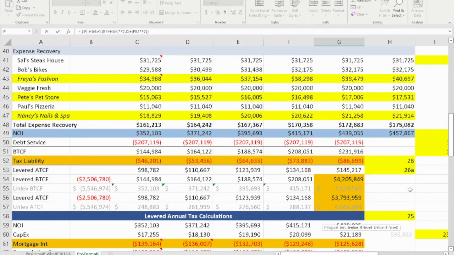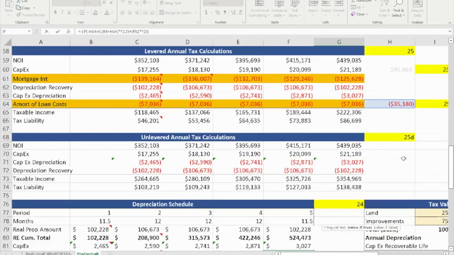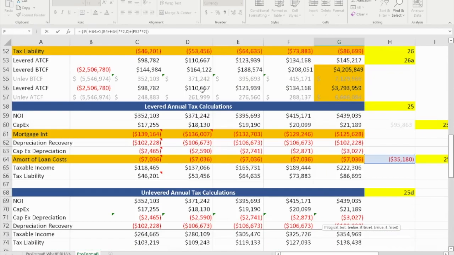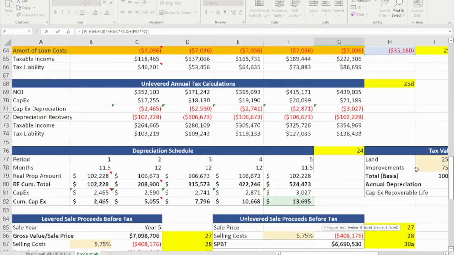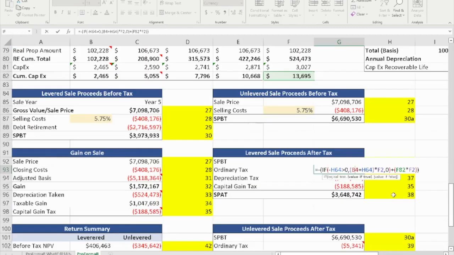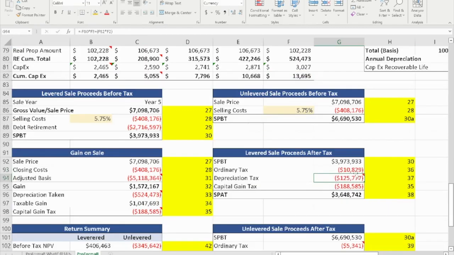So you're basically adding these two things: the tax amount for the difference between the loan cost and the amortized loan cost taken, 39% of that, plus 39% of the cumulative capex depreciation schedule. So that should be $10,829.